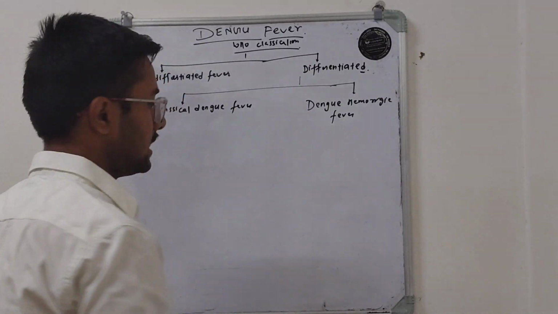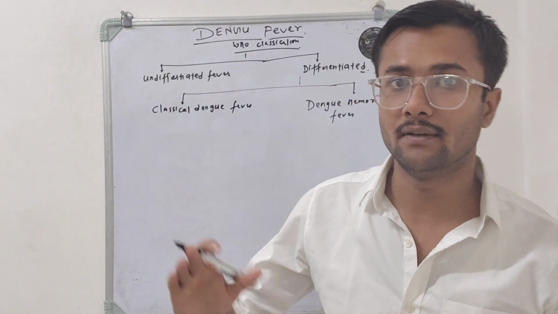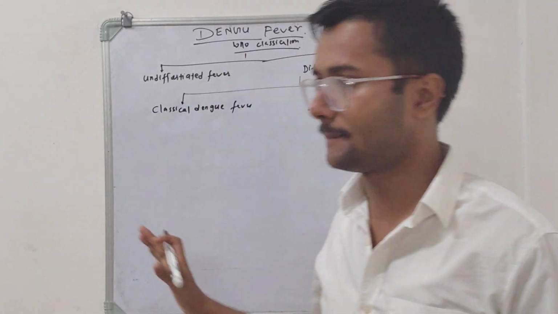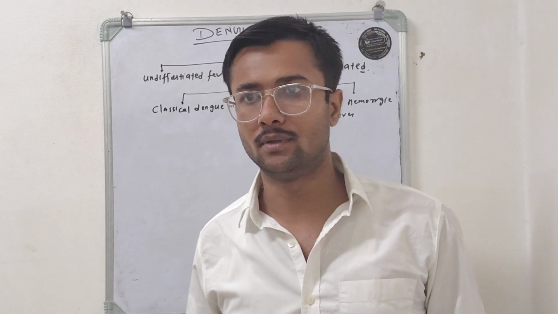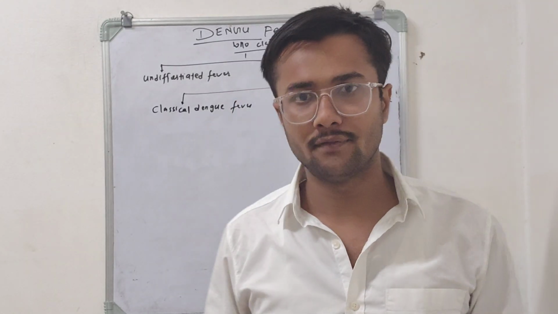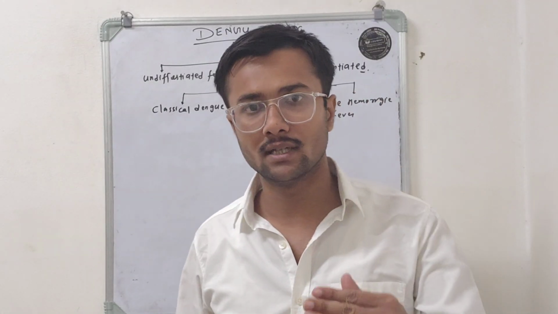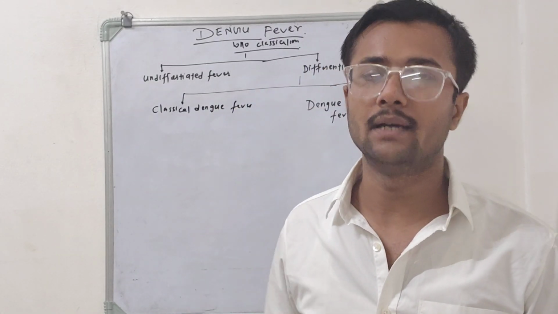Now the question arises: how do we classify a patient as having classical dengue fever or dengue hemorrhagic fever? Both have a febrile stage of 0 to 5 days.